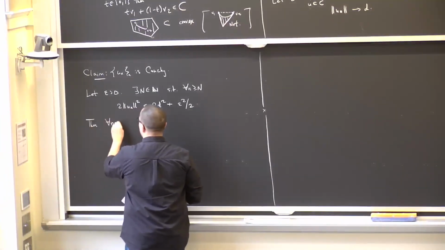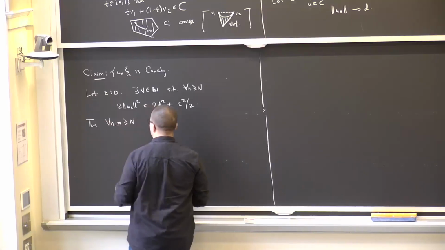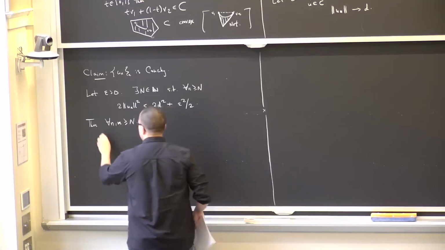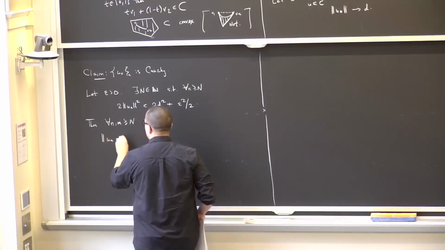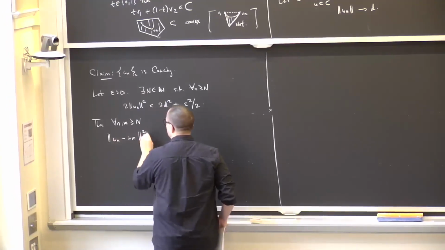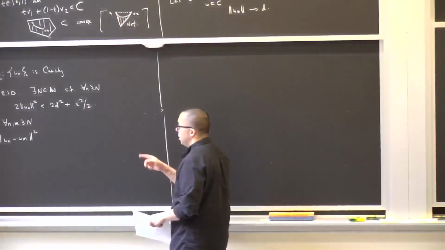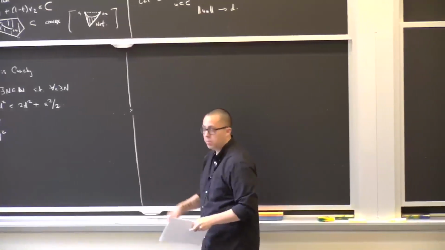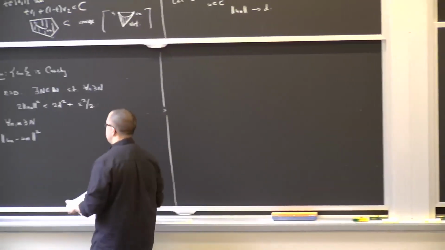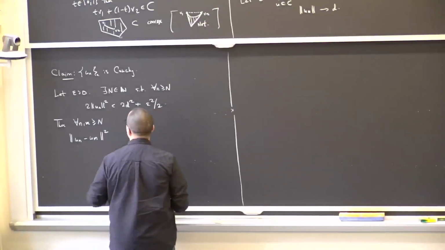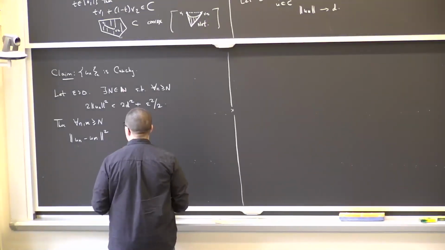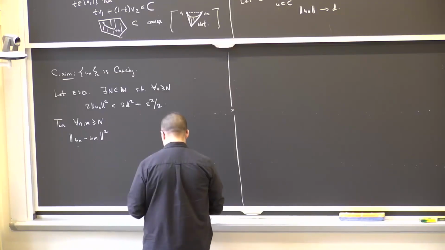And for all n, m bigger than or equal to capital N, if I take the norm of un minus um squared, now I'm going to use this parallelogram law that I have for norms, which crucially relies on the Hilbert space property.